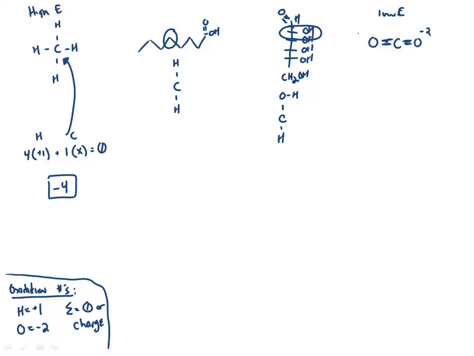Oxygens are -2 each, so 2 times -2 for the oxygens, plus 1 times x equals 0. Well, x has to equal +4 in this case. One of the most important things about carbon, and why it's the central molecule of life, why it makes up most of the organic molecules we're talking about, is because it can have an oxidation state ranging from -4 to +4.